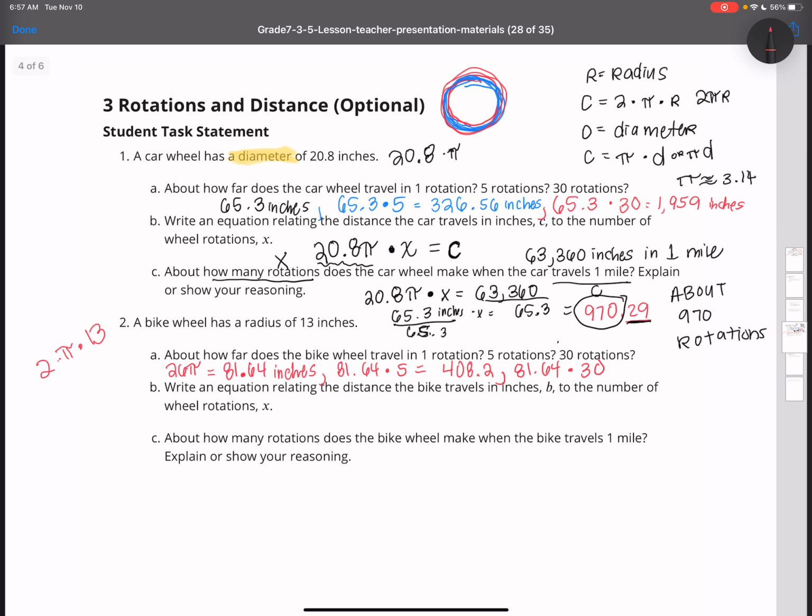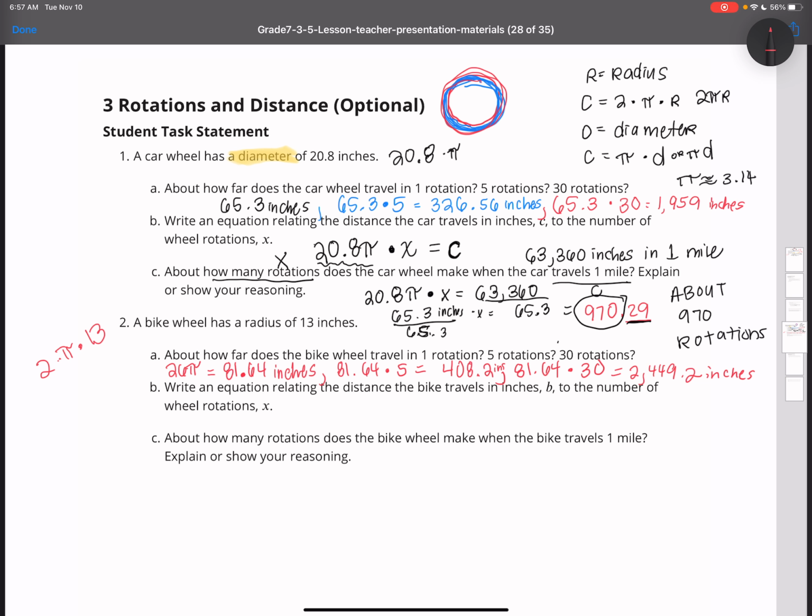I meant to put an equal sign. It's going to give me 2,449.2. And I forgot to put my units, so put inches. All right. So for the next one, it's the same. It's the exact same thing.